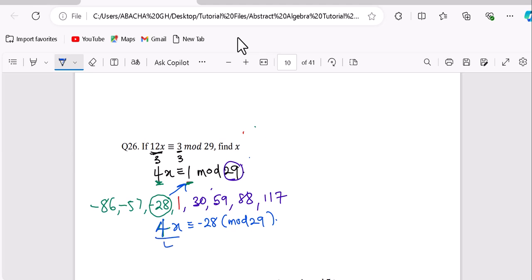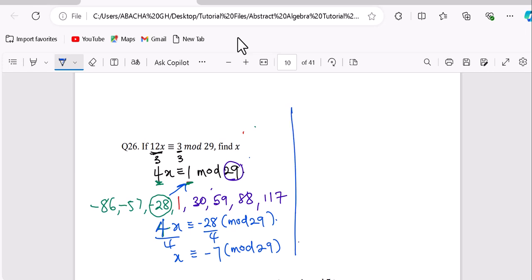I can then divide here by 4 and divide here by 4, and that will mean that I have x congruent to negative 7 mod 29, since 28 divided by 4 is 7.